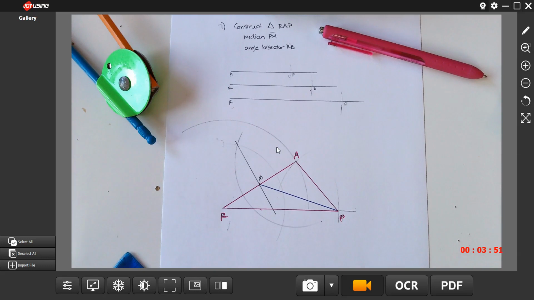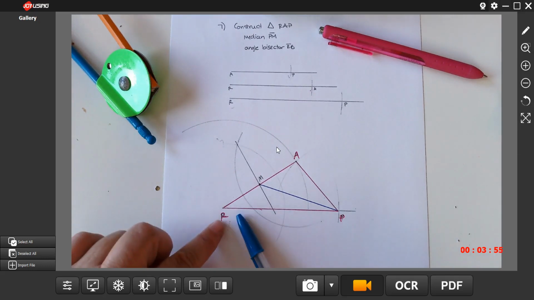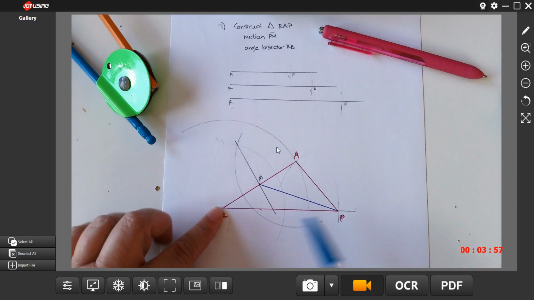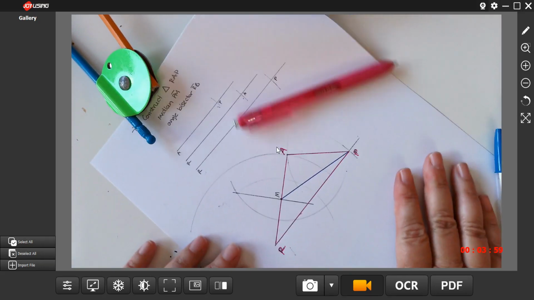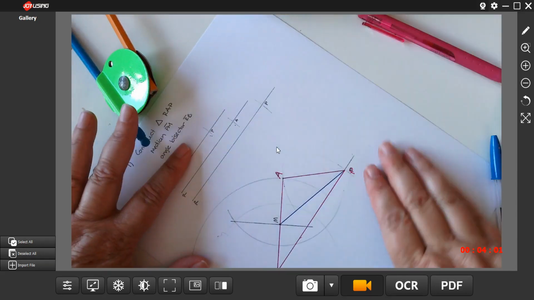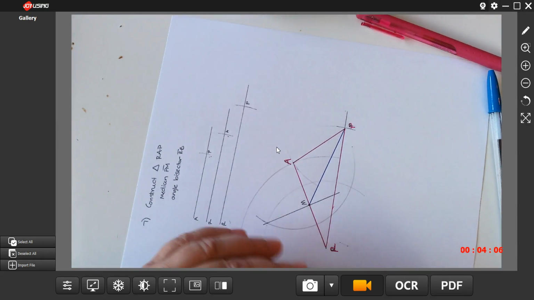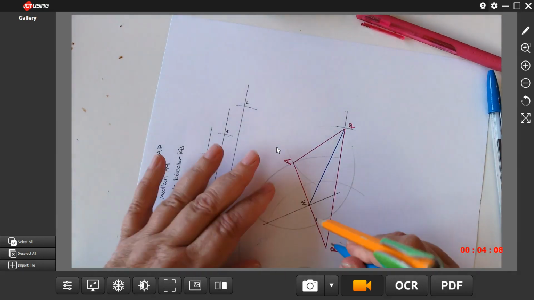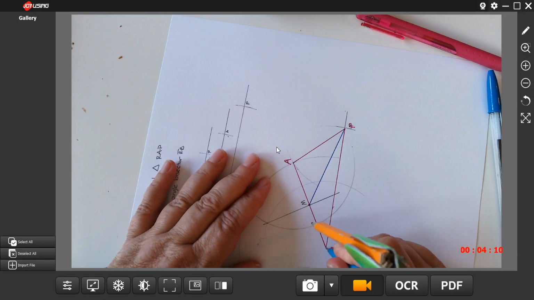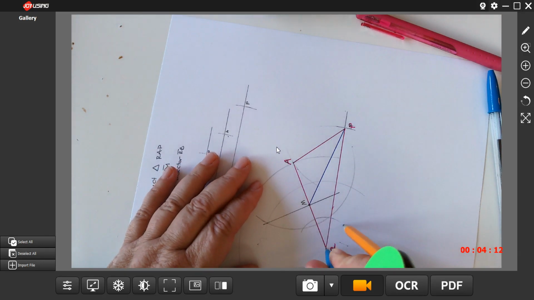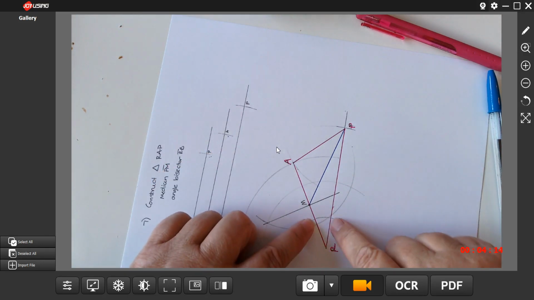Now I need to do my angle bisector RB. So RB is going to come from R, right? So I'm going to rotate my paper and make it a little easier. So I'm going to open my compass to anything I want. I've got a lot going on in here, so I'm going to try to make this a little smaller. I'm going to go ahead and swing an arc. Now I have 2 points of intersection.